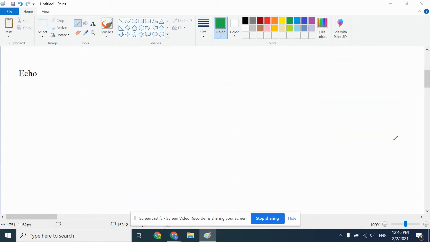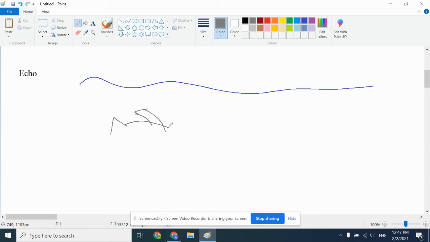So another principle of sound waves is their ability to echo. And what's happening in an echo, if we imagine we have a pet dolphin, which I'm going to do my best to draw. It's some kind of aquatic creature.